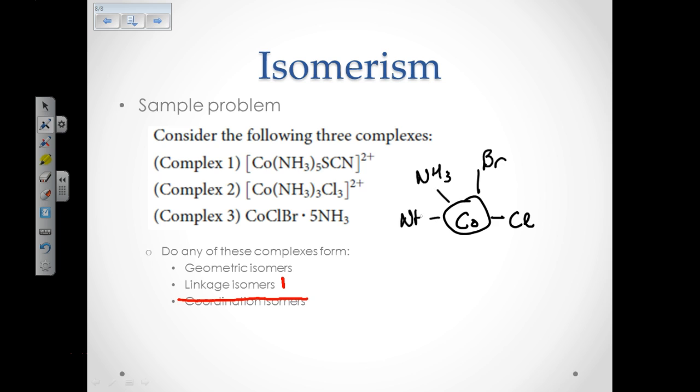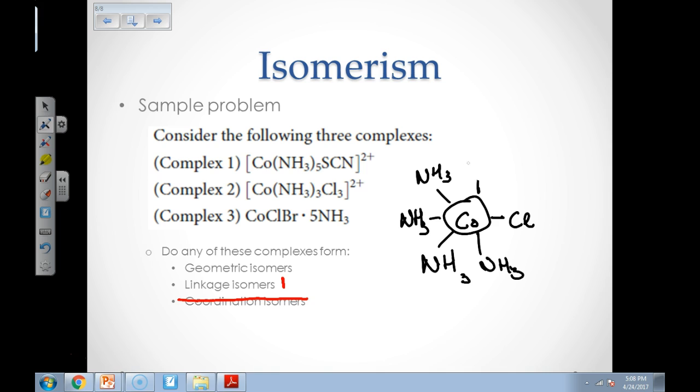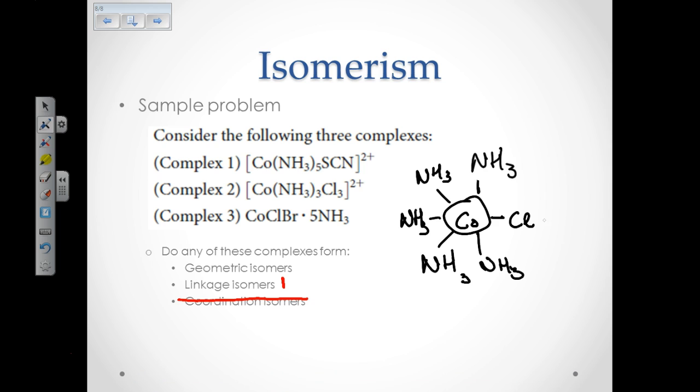I would hazard a guess that this looks like this with a Br out here, and that can now change position with this, so that makes it a geometric isomer.